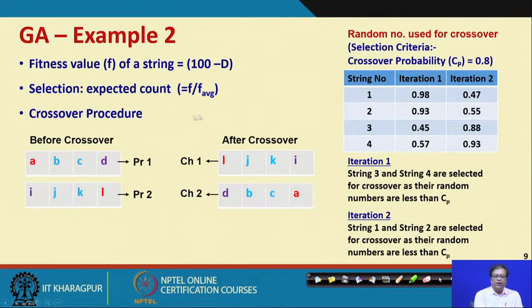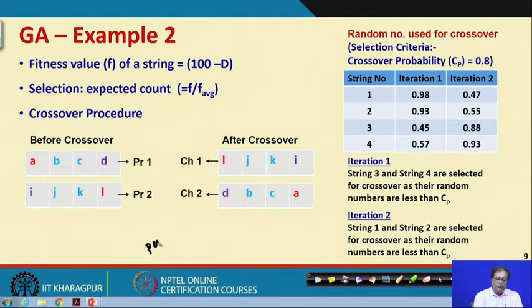And selection by expected count, that is the roulette wheel, f by f average, and the crossover. You see this is the kind of crossover that we thought about: suppose A, B, C, D and I, J, K, L are two parents, then the children will be L, J, K, I and D, B, C, A. Basically, these kinds of things are required because this is more like a permutation encoding. I have explained permutation encoding while discussing the traveling salesman problem.